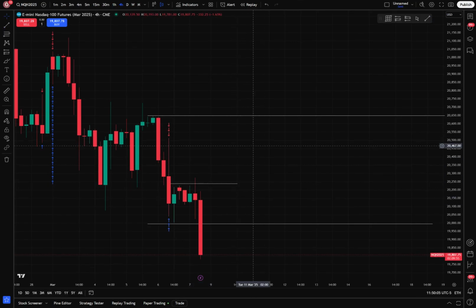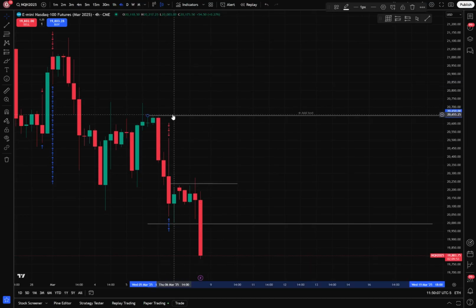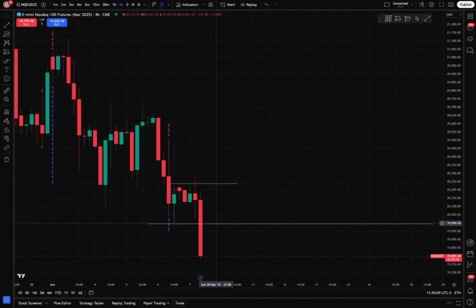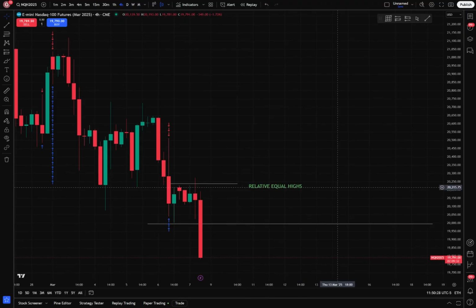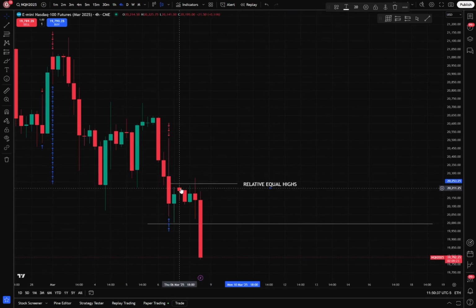I'm gonna keep the lines to a minimum, so I'm going to delete the previous day's high and leave the previous day low, since I already have another line here, which is the relative equal high. I'm going to change this color to white, and we're gonna see that it is a relative equal high based on the candle formation.